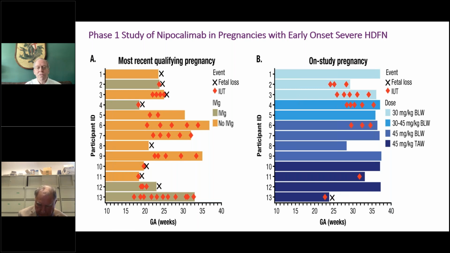And of those 7, only 1 even required a postnatal transfusion. However, we need to learn why some did extremely well and some had their start of their transfusions delayed, but still required them. And this is something that will be explored and is being explored in ongoing studies.